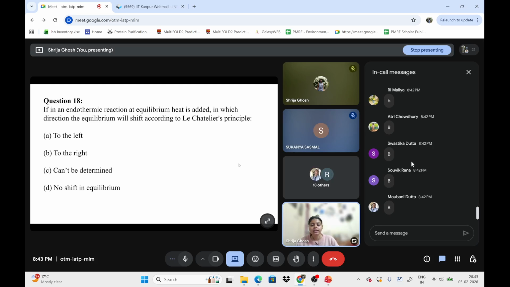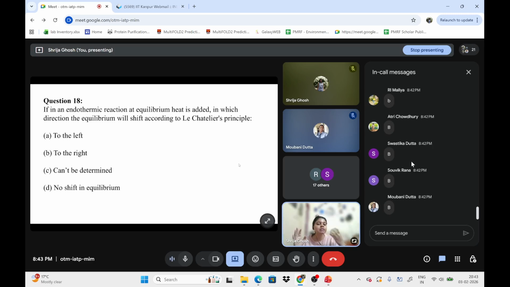Let's see. So in an endothermic reaction, the heat is consumed in the reaction, and in an exothermic reaction, heat is released in the reaction. You just have to get this concept in your head. So if it's an endothermic reaction, heat is consumed, so heat will be towards the reactant side, you can say.